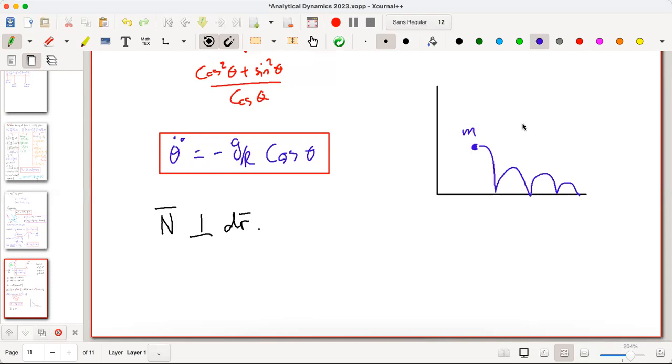So if this is the y direction and this is the x direction, the constraint imposed here is that y can only be 0 or positive.